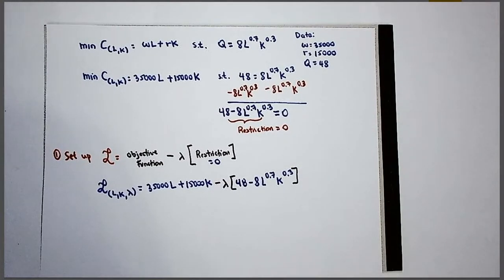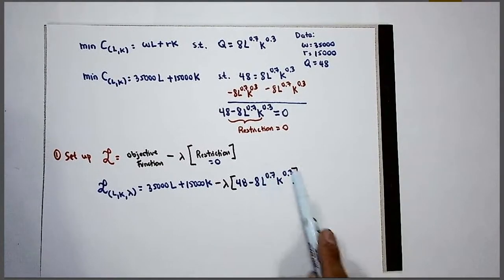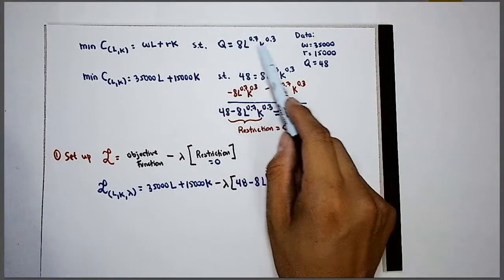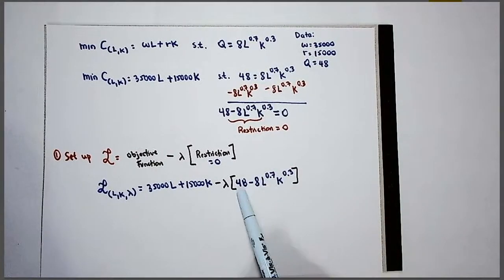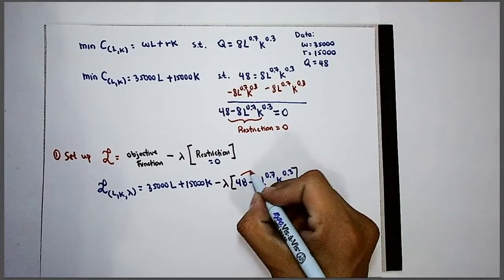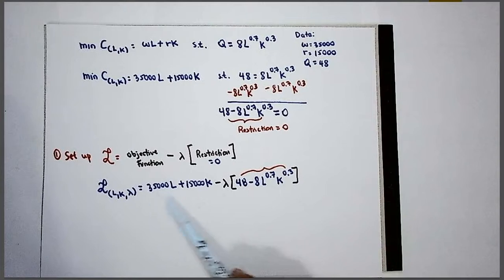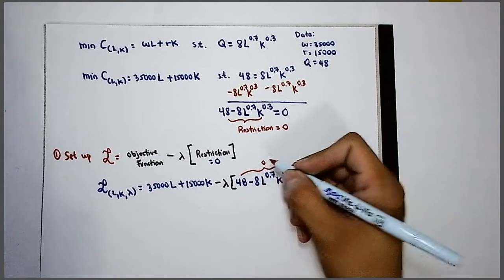And remember, all this part is equals to 48, so 48 minus 48 is equals to 0. So in other words, the only thing that we are doing to the objective function is subtracting a 0 value.